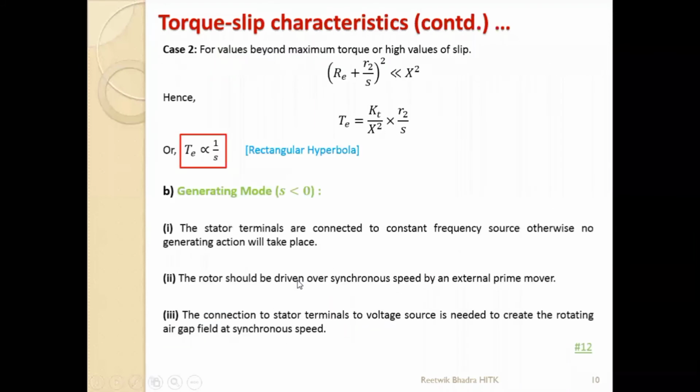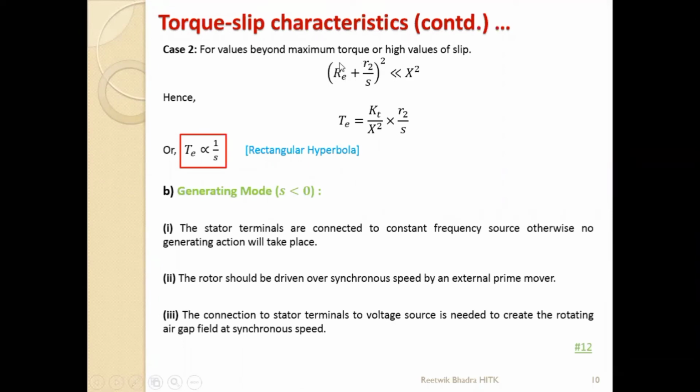Then what happens when values of slip become higher? As slip goes into higher values, this quantity goes on reducing. As it comes nearer to 1, its value almost remains constant because it is divided by that quantity, 0.95 only.